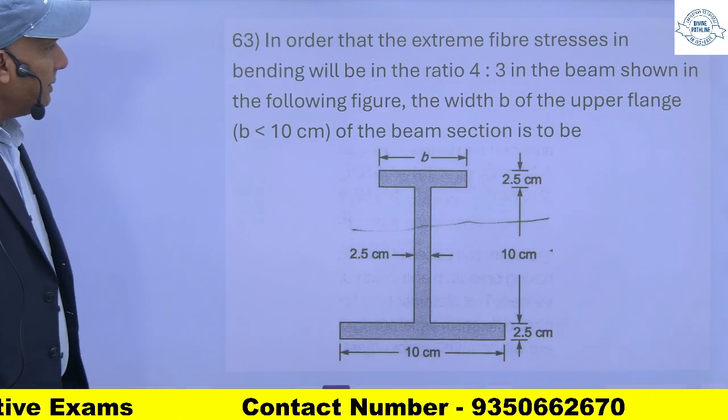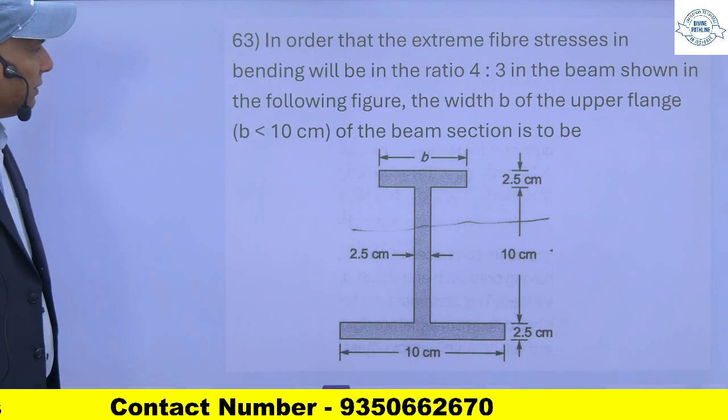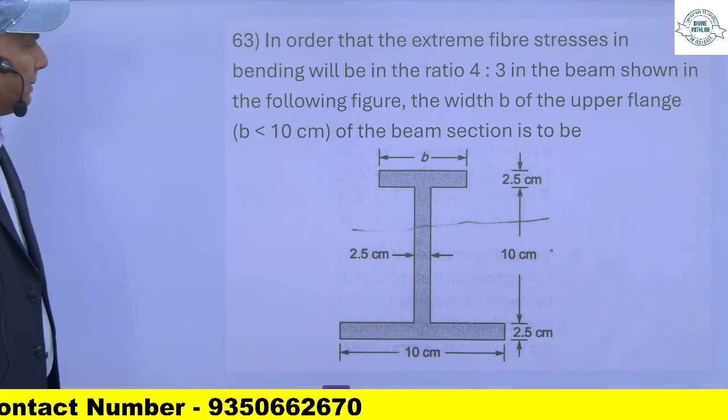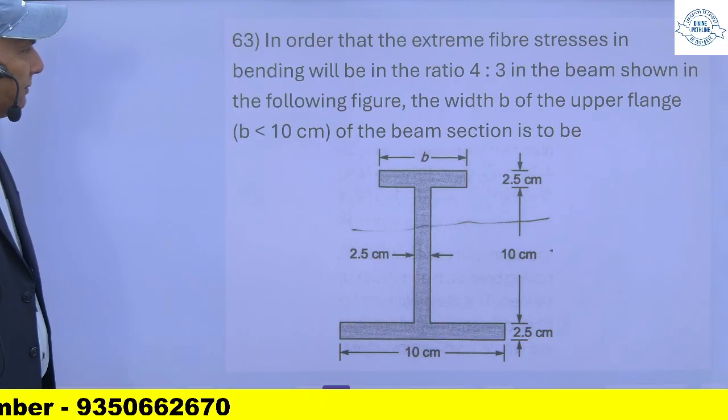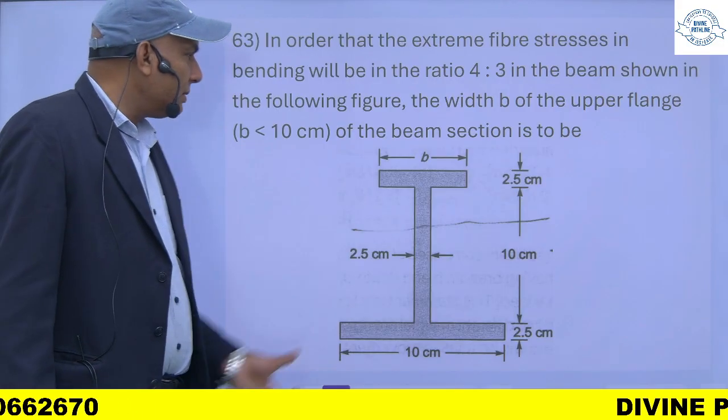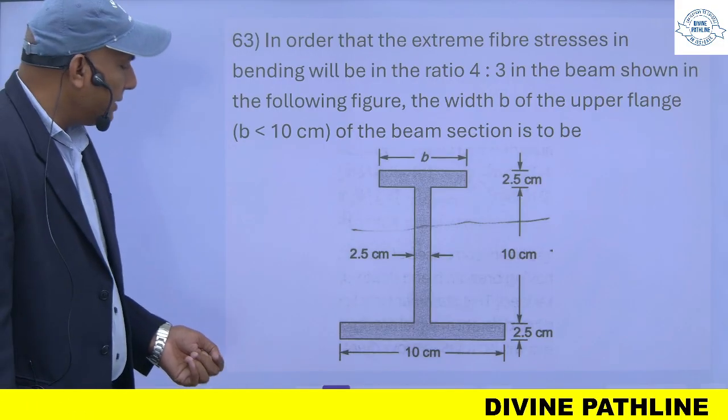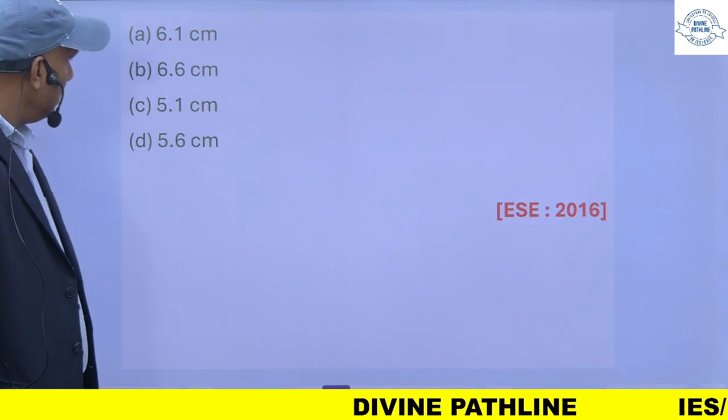In order that the extreme fiber stresses in bending will be in the ratio of 4:3 in the beam shown in the following figure, the width B of the upper flange of the beam section is to be how much?